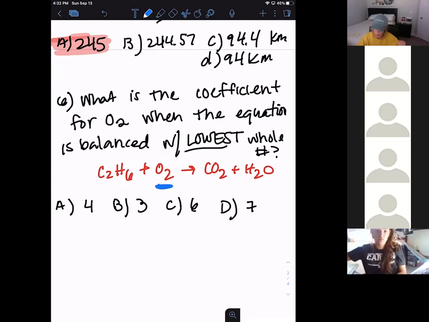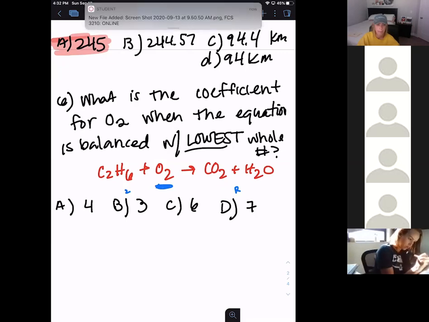So we have O2. Here I have 2 oxygen, so on my left side I have 2 oxygen. Let's look at my right side. How many oxygens do I have on my right side? 3, right? 1 and 2, 3. So I have 2 over here and 3 over here. What's the least common multiple for that? 6.